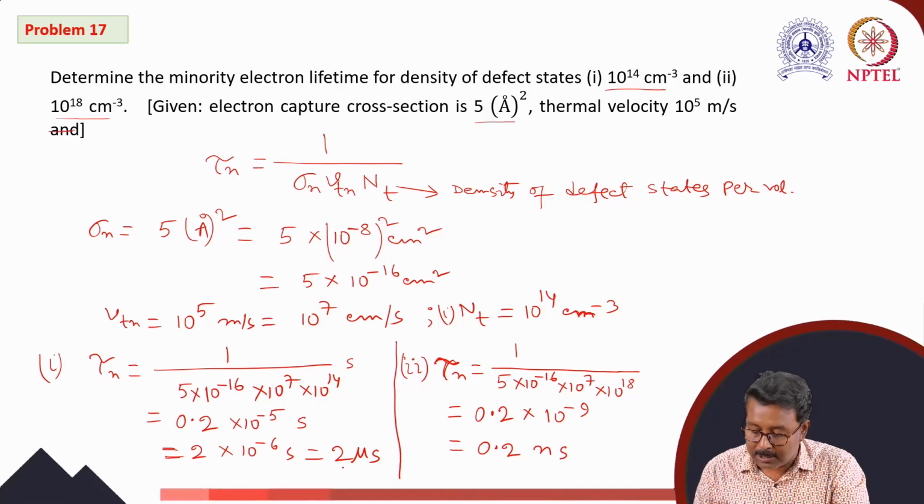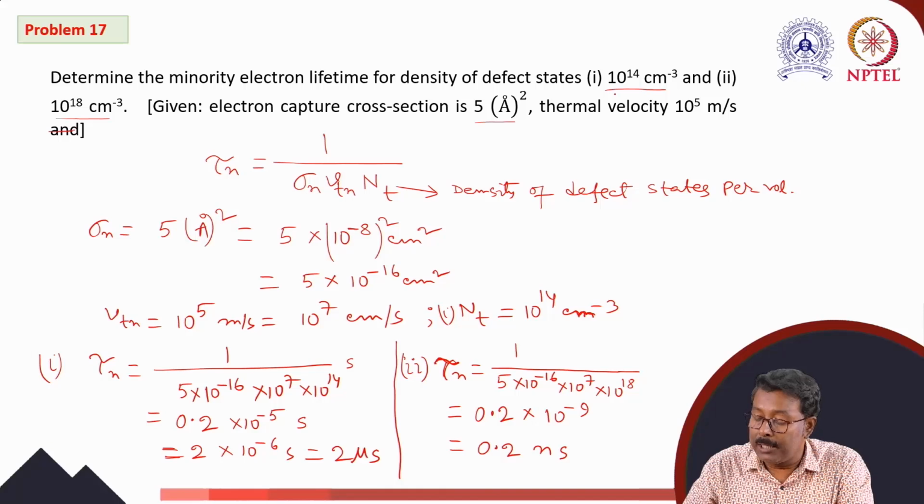So, how much difference occurs due to the change in defect density from 10 to the power 14 to 10 to the power 18?